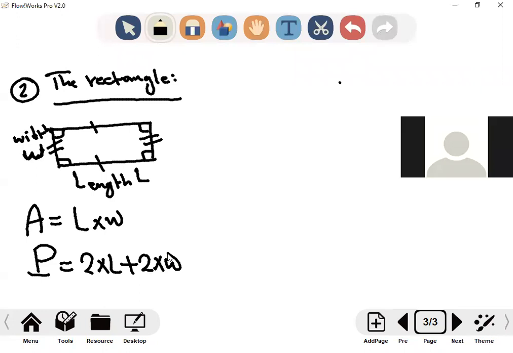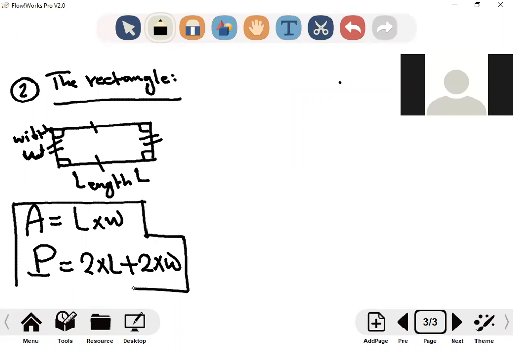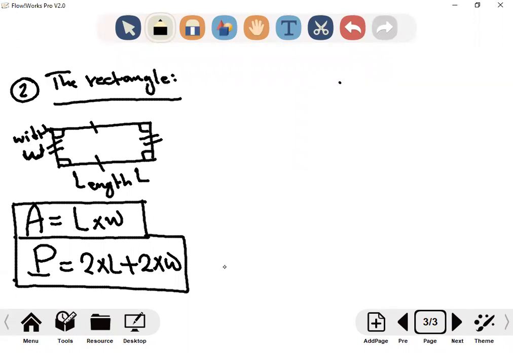This is the perimeter. So here you have two concepts, guys. You need to memorize them very well. The area is length by width, and the perimeter is 2 by length plus 2 by width.